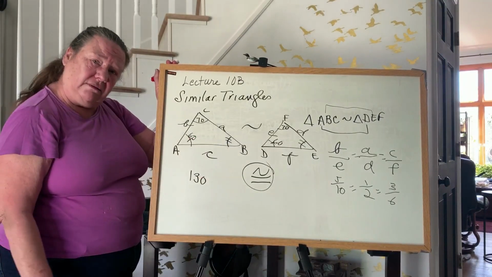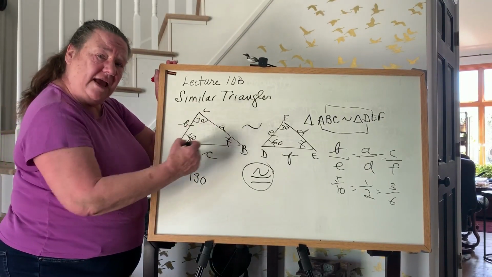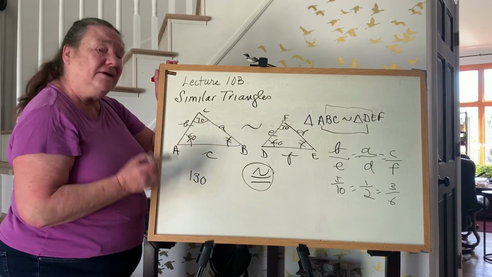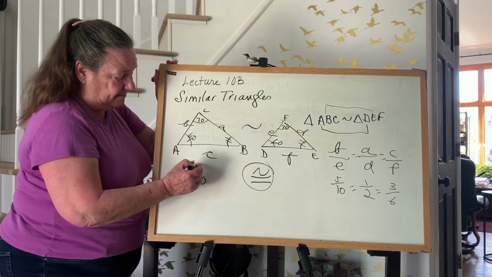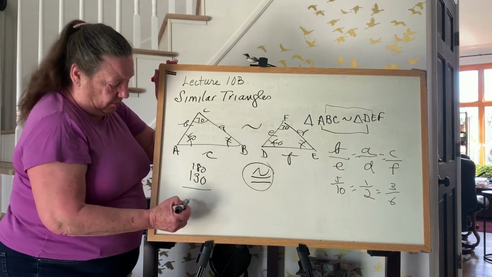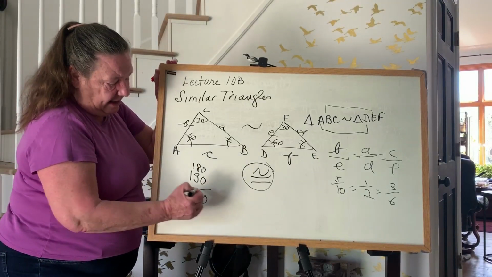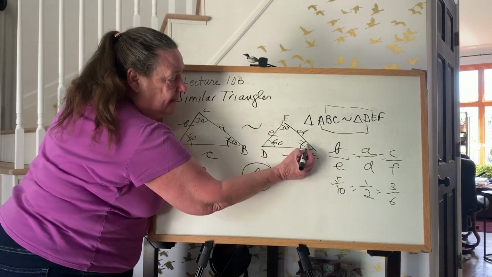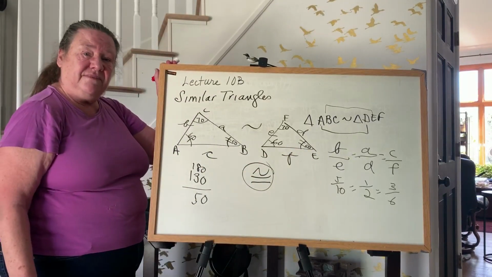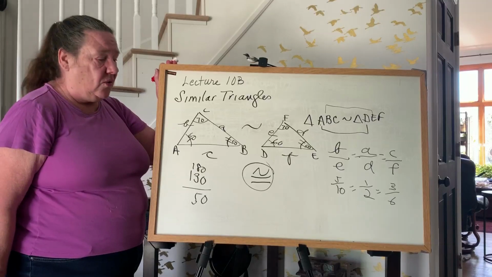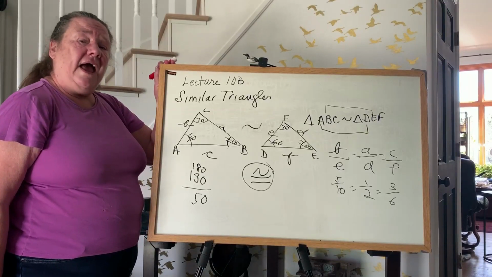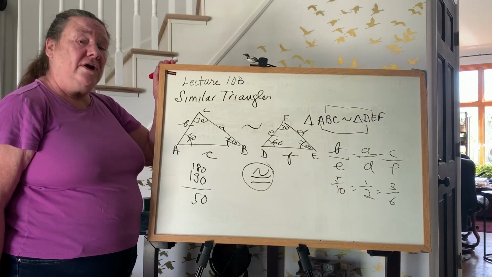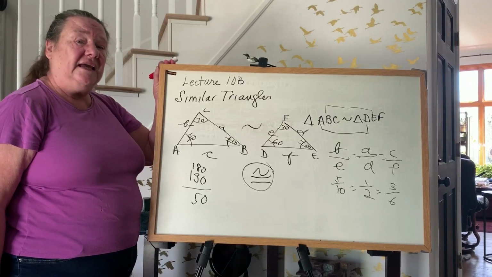What's that angle? You know that the sum of the angles of a triangle make, that's right, 180. So I subtract the 130, and I'm left with 50. So this is 50, and this is 50. Okay? So I'm going to erase the board, and I'm going to set up to do your number 70 in 10B.